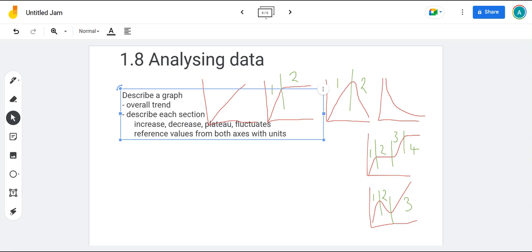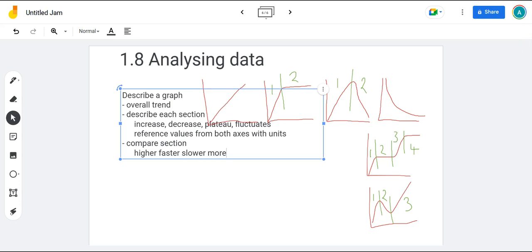The next thing is to compare the sections. Okay, so when you're comparing the sections, we have to use comparative language. So comparative language is things like higher, faster, slower, more, etc. Okay, a lot of comparative words end in er, but you could use more or less as well.